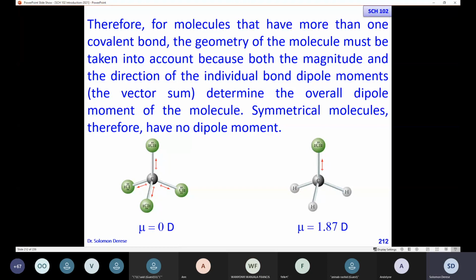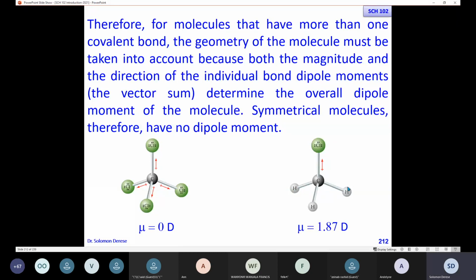It will move vertically and horizontally. So when you resolve the effect of this bond moment, it will have two effects. It will have a vertical one pointing up, just like the carbon-chlorine bond. It also has a horizontal component that points towards the carbon like this.